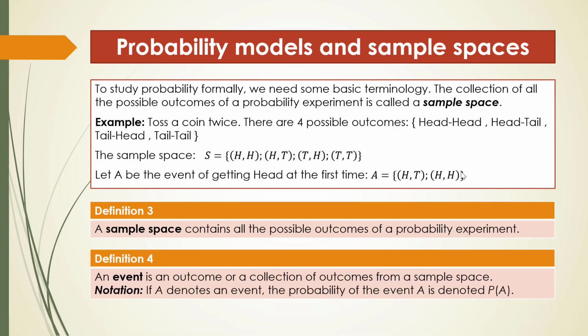A sample space is a collection of all possible outcomes from a probability experiment, and an event is just an outcome or a collection of outcomes from a sample space. Usually we use a capital letter to denote an event, and the probability of an event A is denoted by P(A).